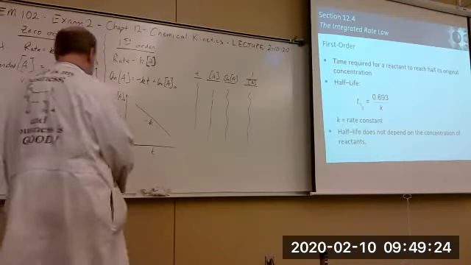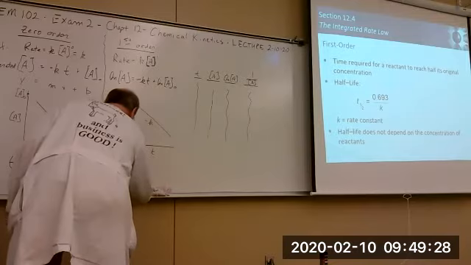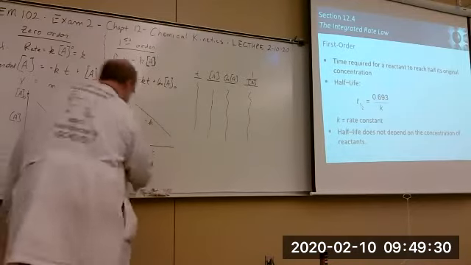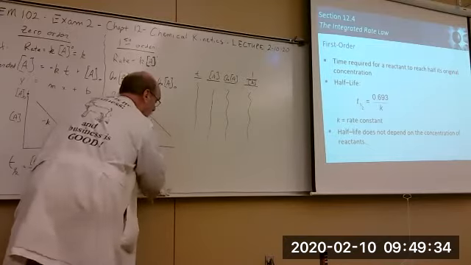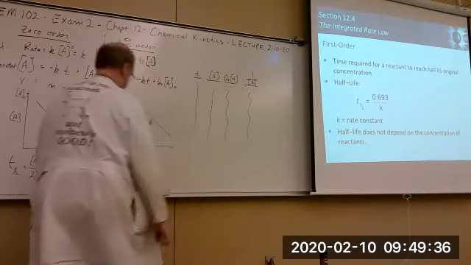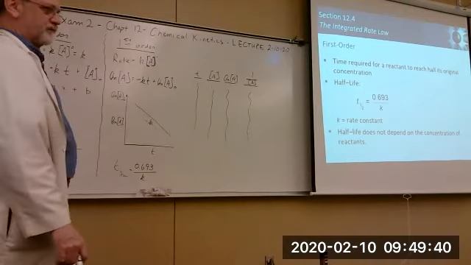And this one also has a half-life. T1/2 for the first order is simply 0.693 over K. Why is it 0.693? That's what it is.